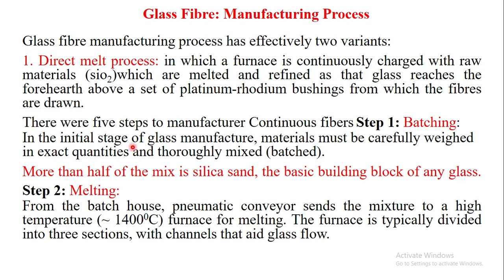In the initial stage, or batching stage, of glass manufacture, materials must be carefully weighed in exact quantities and thoroughly mixed. Mixed means batched. So when materials are batched from different areas, they are weighed.